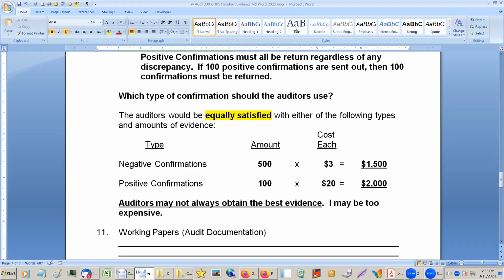And remember, one of the things about the cost of audits is generally you figure out the cost of an audit, you tack on some extra so that you make money on the audit. A part of this is that you are actually spending the client's money. So it really is also to the benefit of the client sometimes that you don't get the best evidence. It's simply too expensive to get the best evidence.